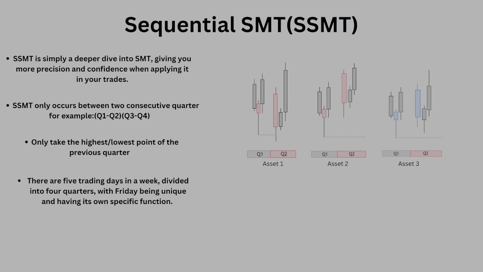But for sequential SMT to work, we only take the highest to the lowest point of the previous quarter. For example, for the Q1 Asian session range, we take the low and the highest point. We wait for the Q2 London session to wipe out either and create a sequential SMT for us to build our trade off of. That's how I use it.